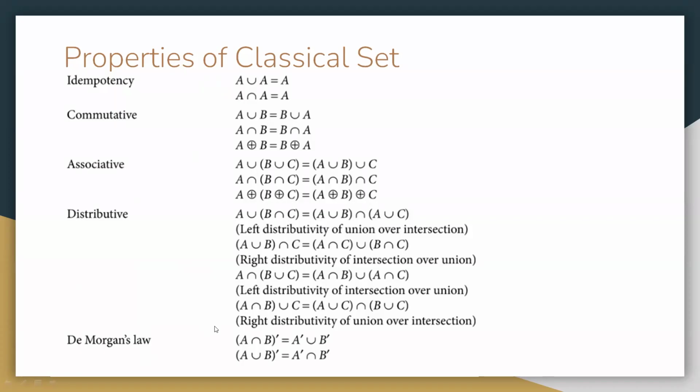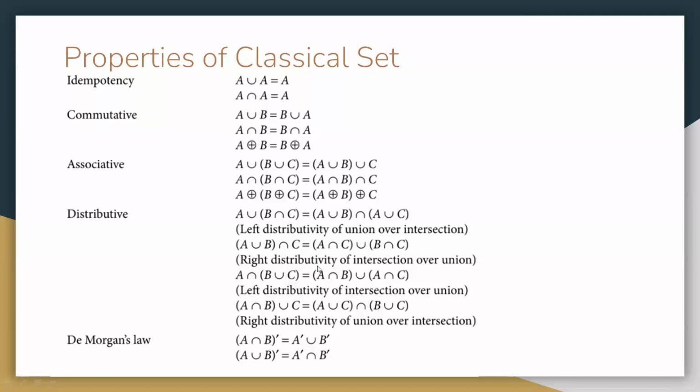we take the complement of the union of two sets, that is the intersection of their complements. So if you have A union B, the whole complement is same as A complement intersection B complement. Similarly, the complement of A intersection B is same as A complement union B complement.